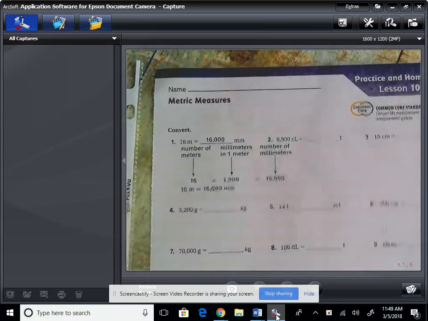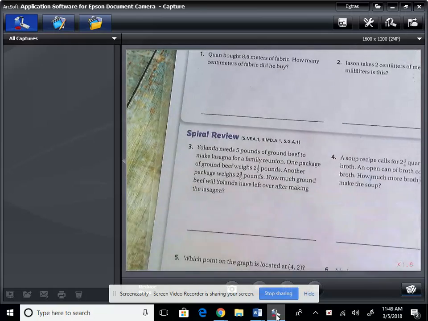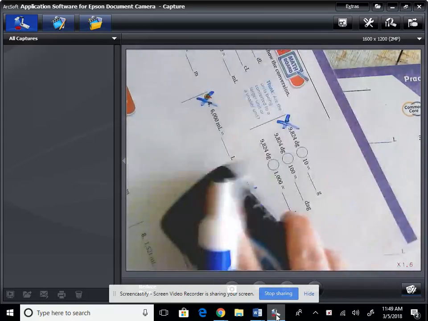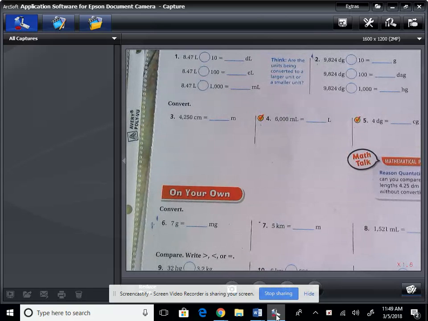All right, with your partner. Here, I would like you to do the evens, 1 or 2, and all of the bottom ones. Converting using metric is just a matter of moving the decimal because it's base place value. Give it your best shot.